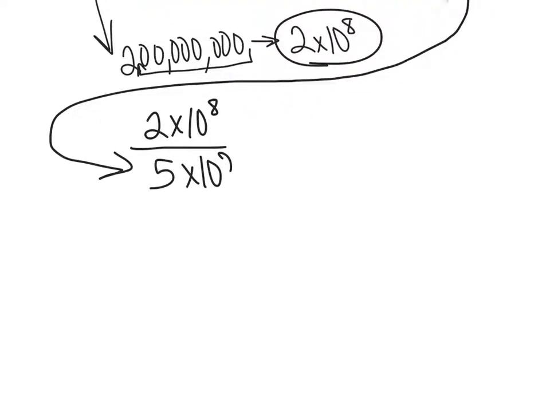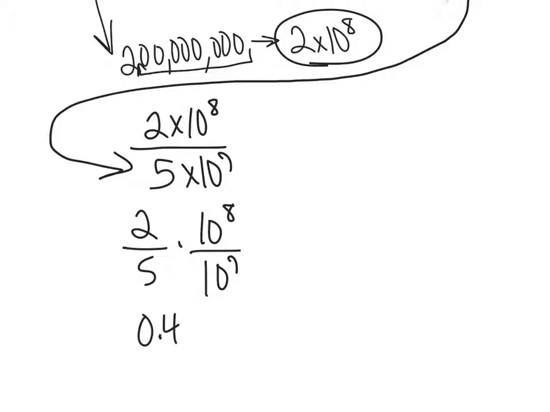And then what we can do, like we talked about earlier, we can split this up as two separate fractions, kind of. So 2/5 times 10 to the 8th over 10 to the 7th. 2/5, if you divided that out, or you may just know this, that's 4/10, 0.4, if you divide that.